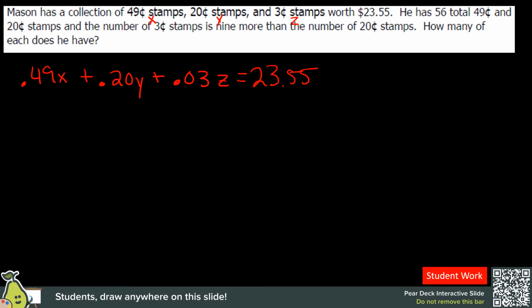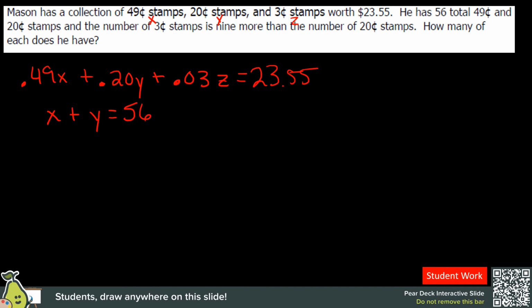It says he has 56 total 49-cent stamps and 20-cent stamps. So he has a total of 49-cent stamps and 20-cent stamps. That means that so much X plus so much of Y has to equal 56. So this is another equation.